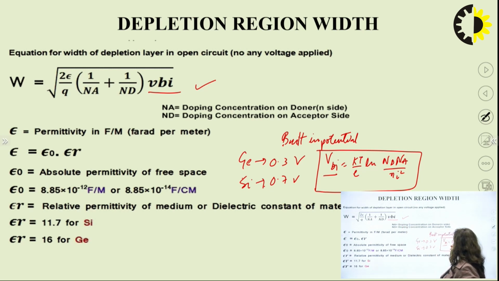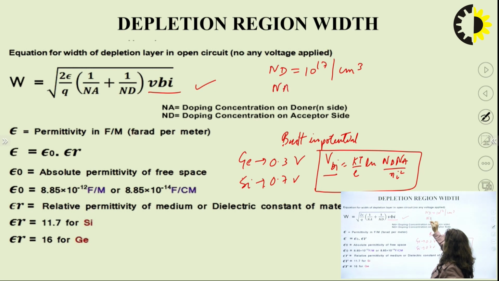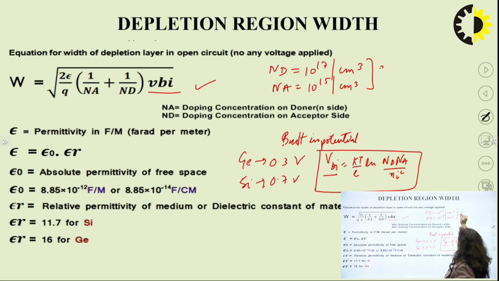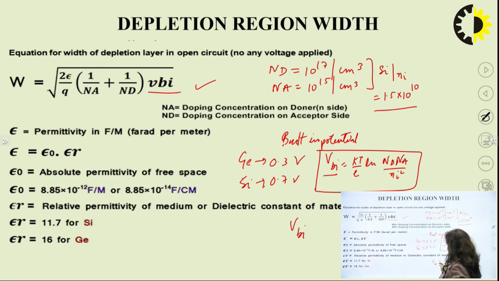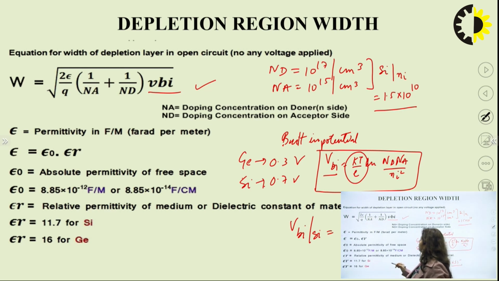On putting the value of VBI, that is kT by e ln ND NA upon ni square, for example, if you have ND 10 to the power 17 per centimeter cube, NA 10 to the power 15 per centimeter cube, and for silicon ni equals 1.5 into 10 to the power 10, you can calculate VBI for silicon, which is around 0.635, putting kT by e as 0.0259.